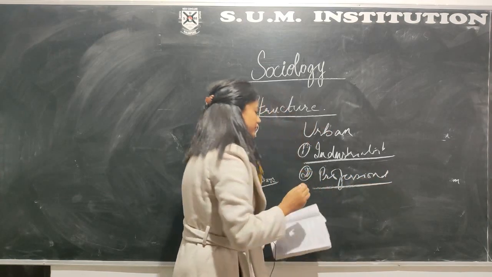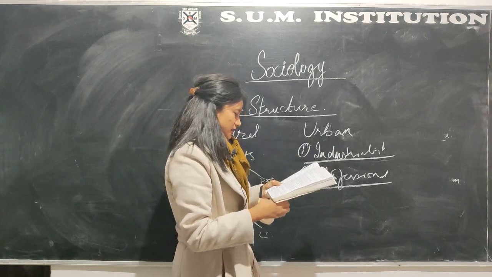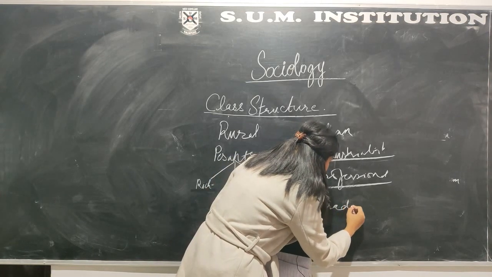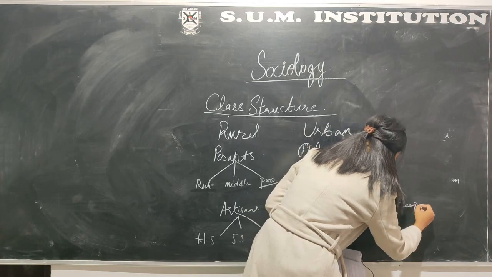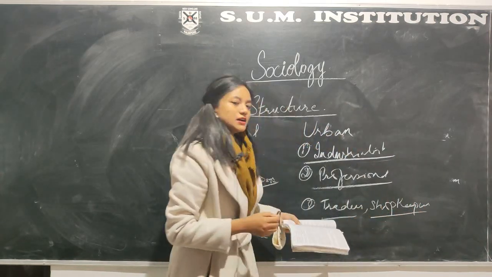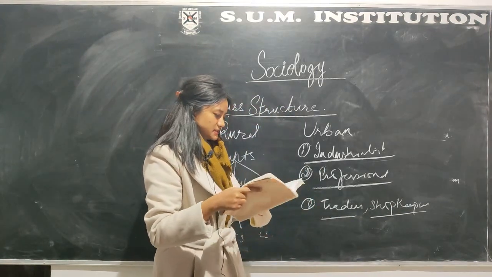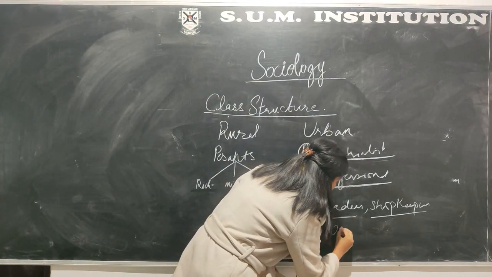In the professional classes, they are the teachers, doctors, lawyers, etc. And then we saw traders and shopkeepers. Traders and shopkeepers boomed due to urbanization and the mushrooming of new cities. And lastly, we saw the working class.